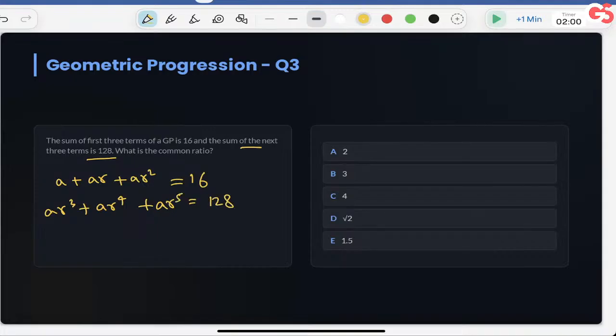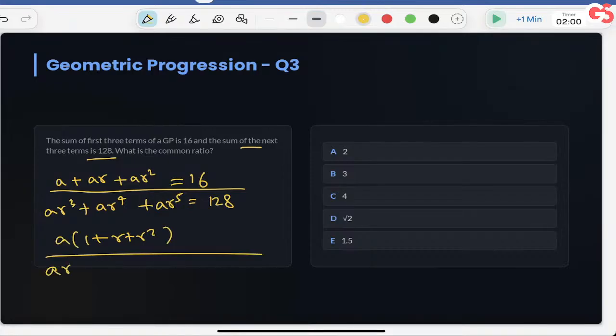What's the common ratio? Simple. I can just take things common, right? So if I divide this by this, what do I get? ऊपर से a पूरा कट जाएगा and we are left with 1 plus r square. नीचे I can take ar cube common. 1 plus r square is equal to 16 upon 128 is what I get, right?